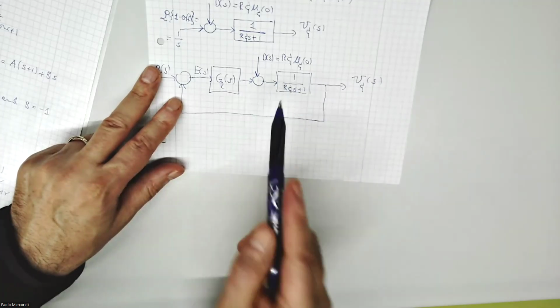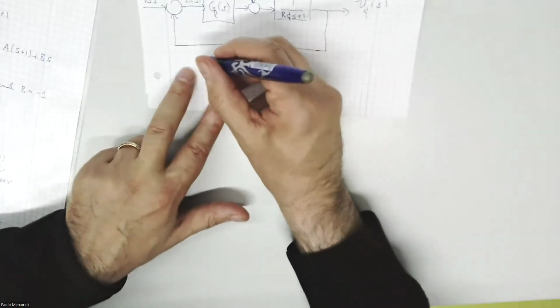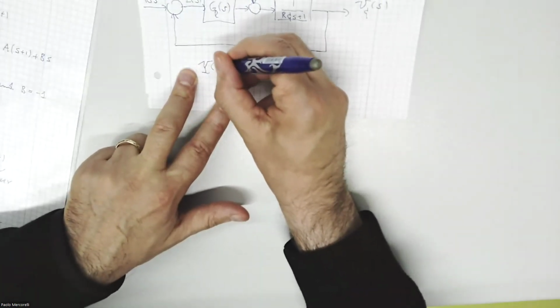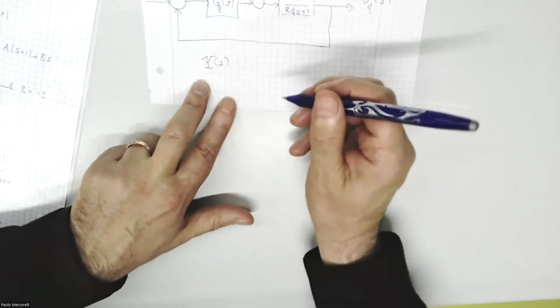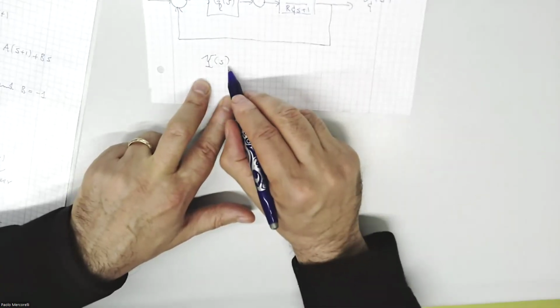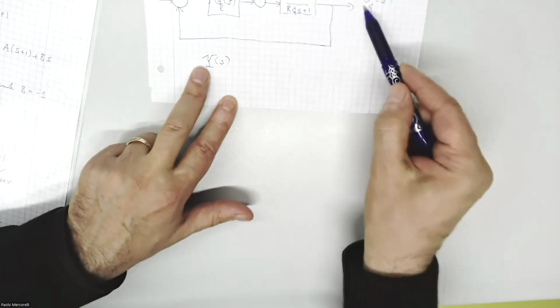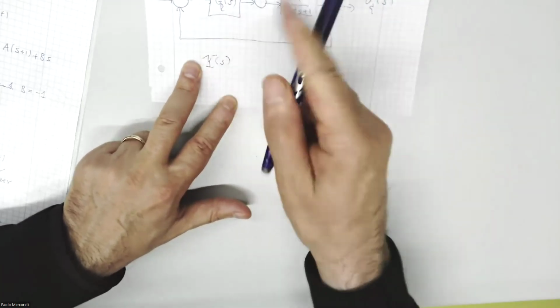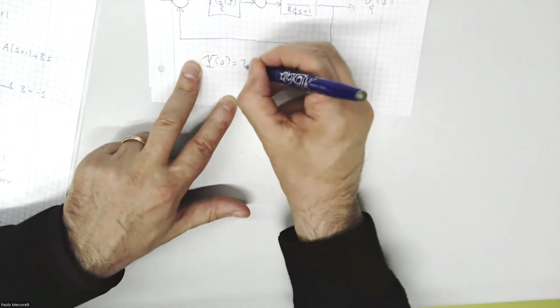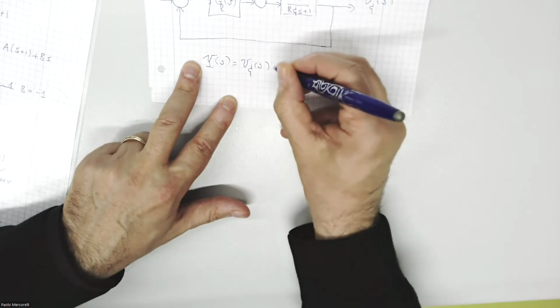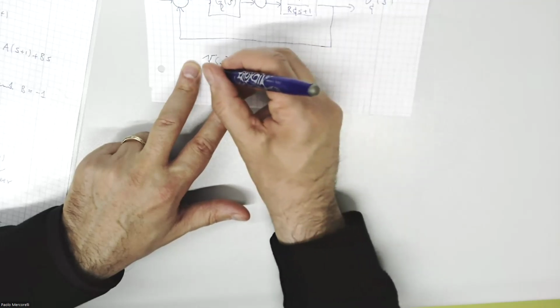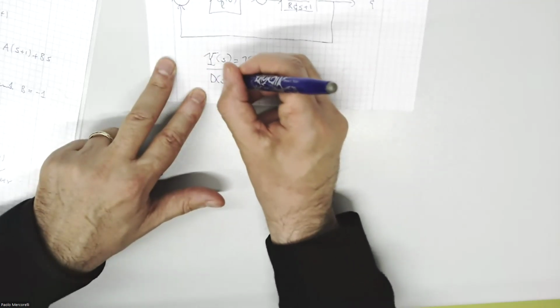Should I do it? I do it for you. It's y. Excuse me. In this case, y is u. No, let me write exactly. UC of S divided d of S. No?